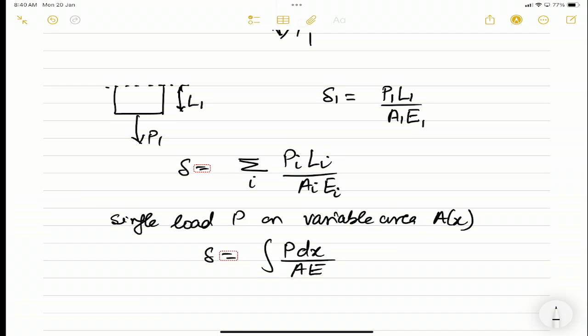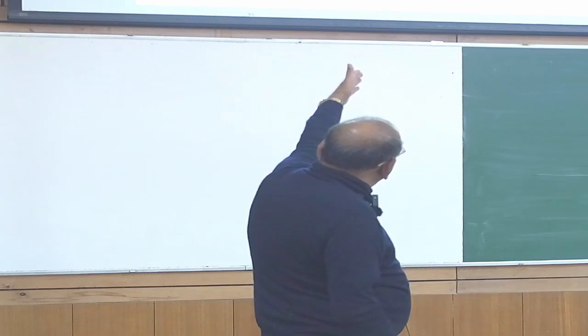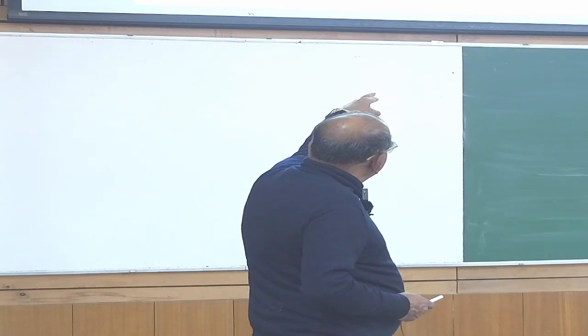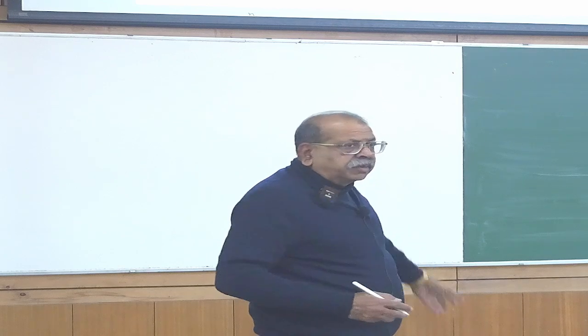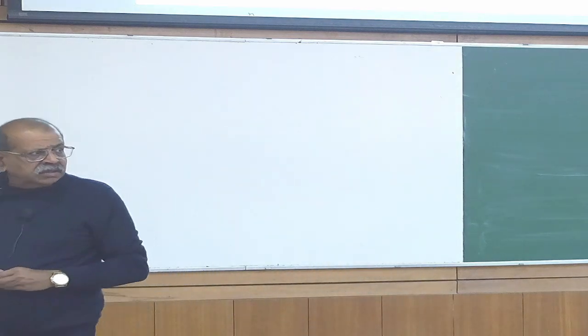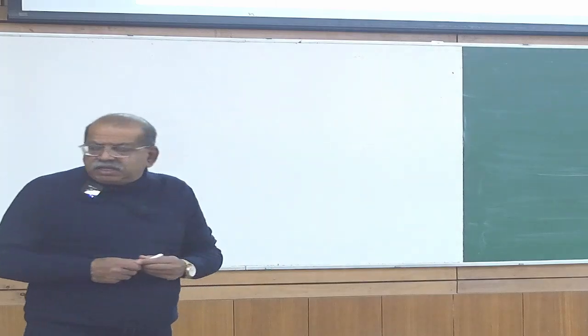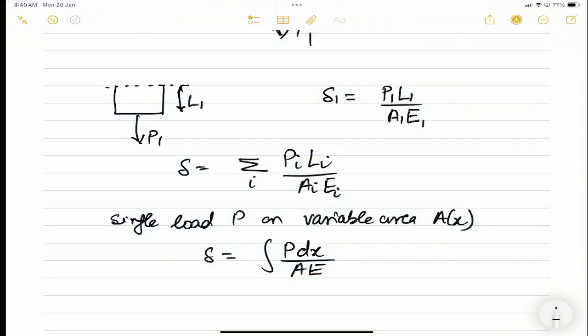So Pi will become P, L will become dx, and A is a function of x. So, we'll get the integral of P dx upon AE. Ei is used if they are different materials; each part may be a different material. So that's why I have used Ei.